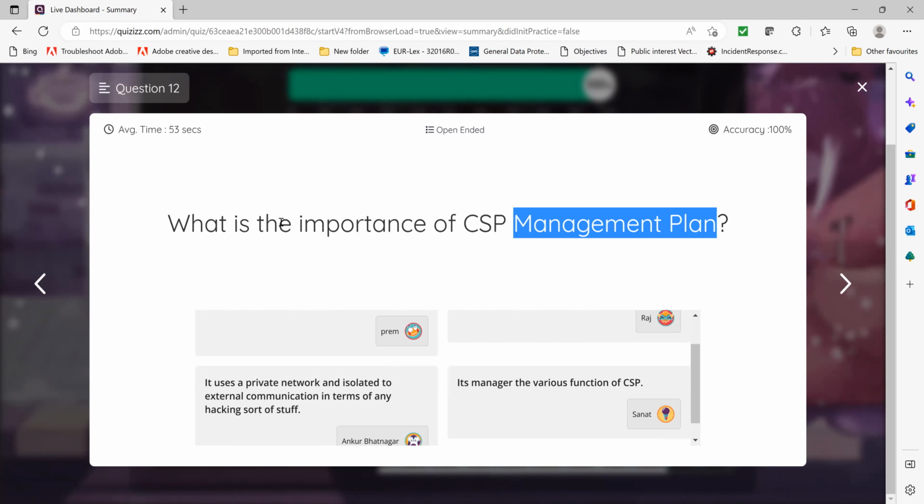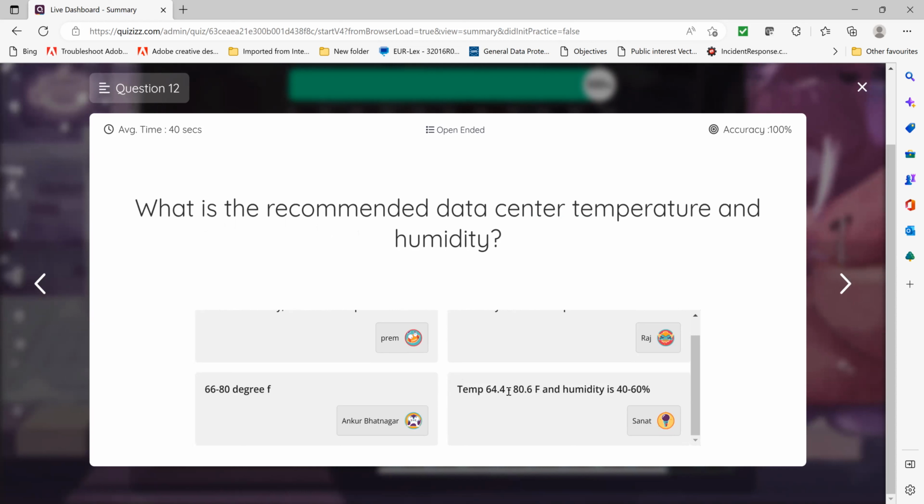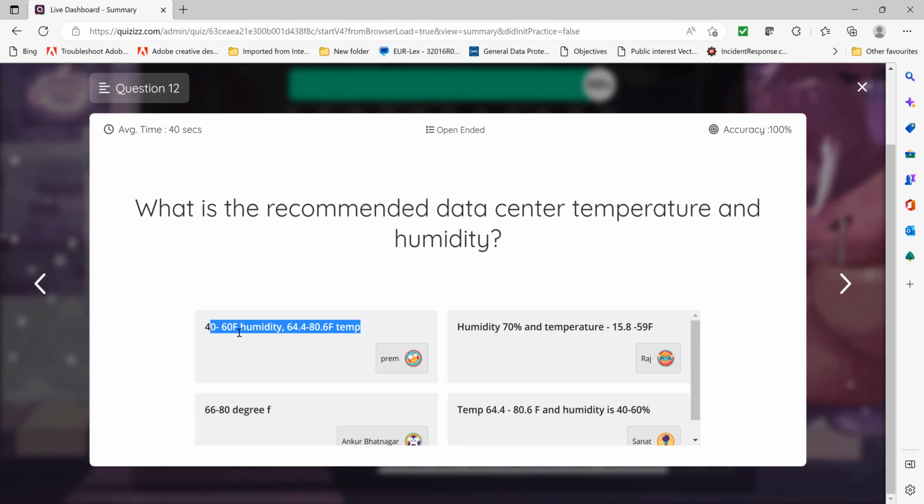What is the recommended data center temperature and humidity? I gave you numbers yesterday, and I want you to memorize them. Frankly speaking, I cannot remember it, but I think this is the one which is close to the right one. Yes, this is humidity, 40 to 60, 64 to so and so.